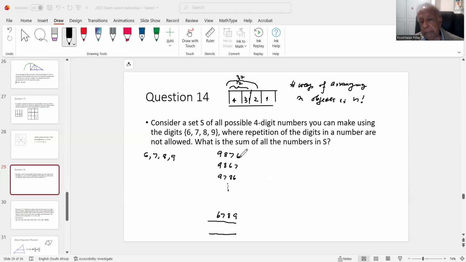And you will agree that the number 6, how many times can it occur in the 24 numbers? All these numbers have got equal chances of appearing here. Nothing very special about any one of these 4 numbers. So if there are 24 numbers, all will be given equal status.